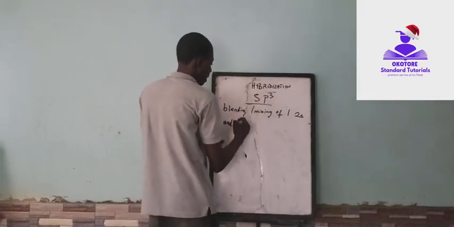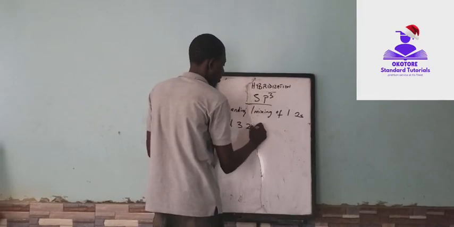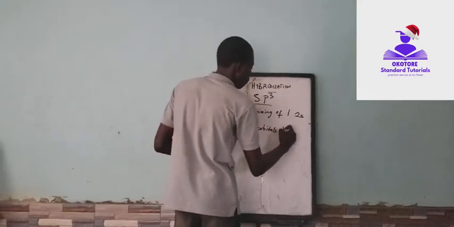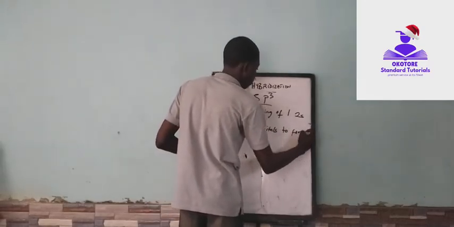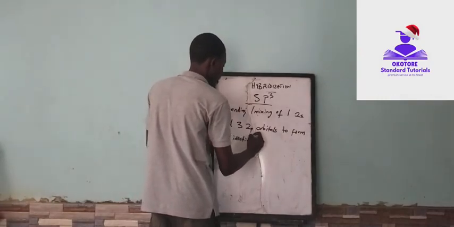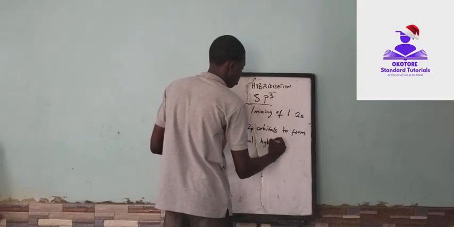What's the power of p here? 3. That's 3 2p orbitals. To form, 1 plus 3 was what? 4. To form 4 identical hybrid orbitals.